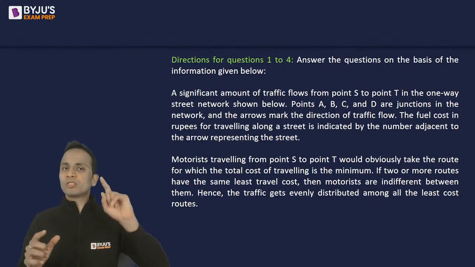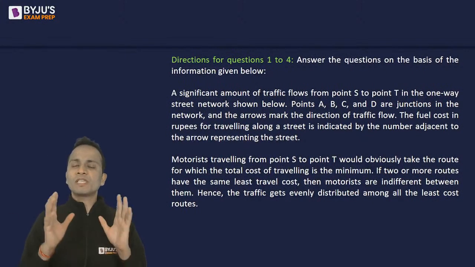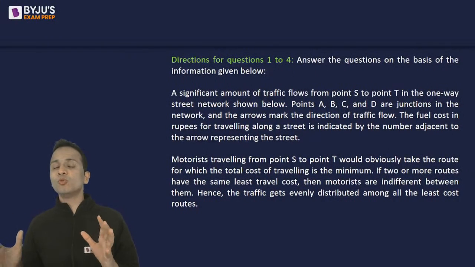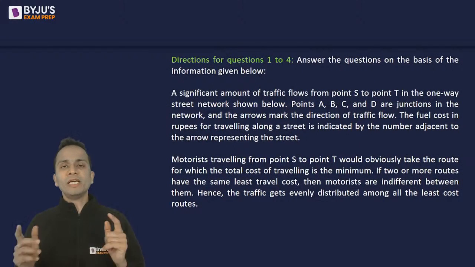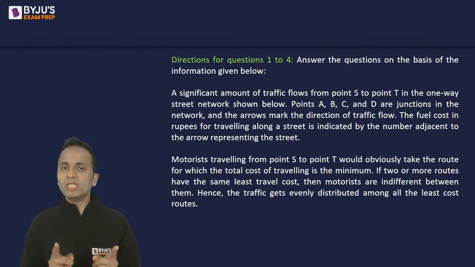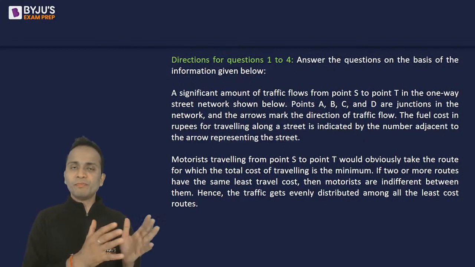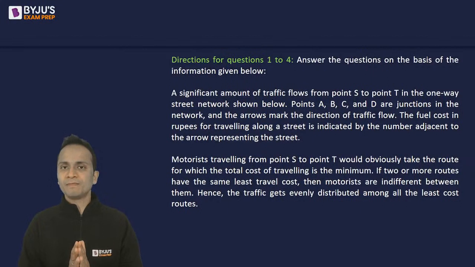Out of these 6 routes, there is exactly one route that is offering minimum cost, so 100% of the traffic will flow through that. But if out of these 6 routes, 2 routes are offering equal minimum cost, then the traffic will flow through these 2 routes and it will be equally divided. So 50% of the traffic will flow through one and 50% through the second.